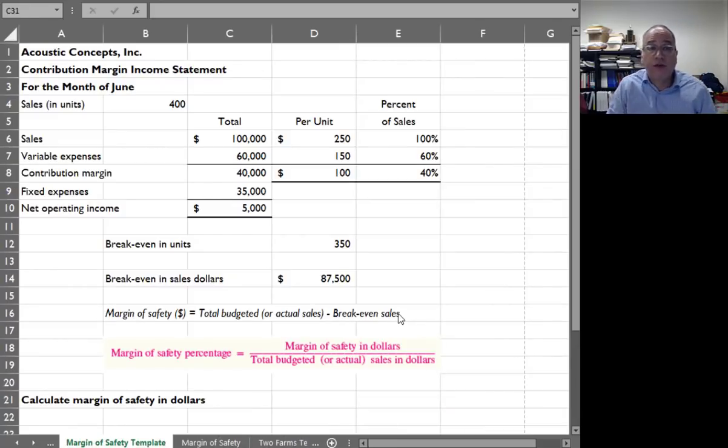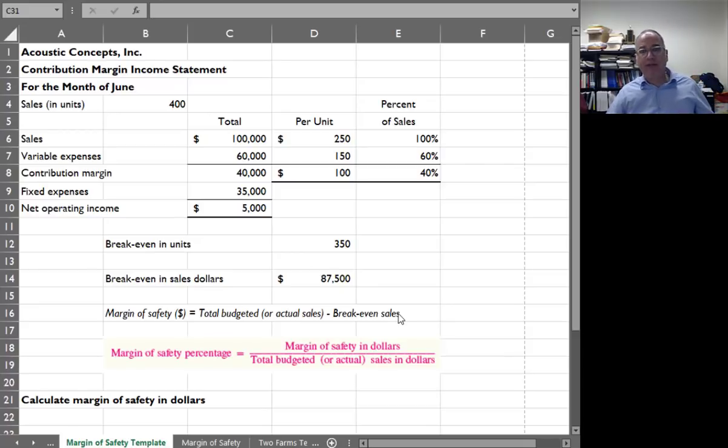So same problem, let's go to the margin of safety template. And we have a break-even in units of 350, a break-even in sales dollars of 87,500. And that's just from before, so we know where that break-even point is. The margin of safety in dollars is the difference between total sales, whether it's your budgeted sales or your actual sales, and your break-even sales.